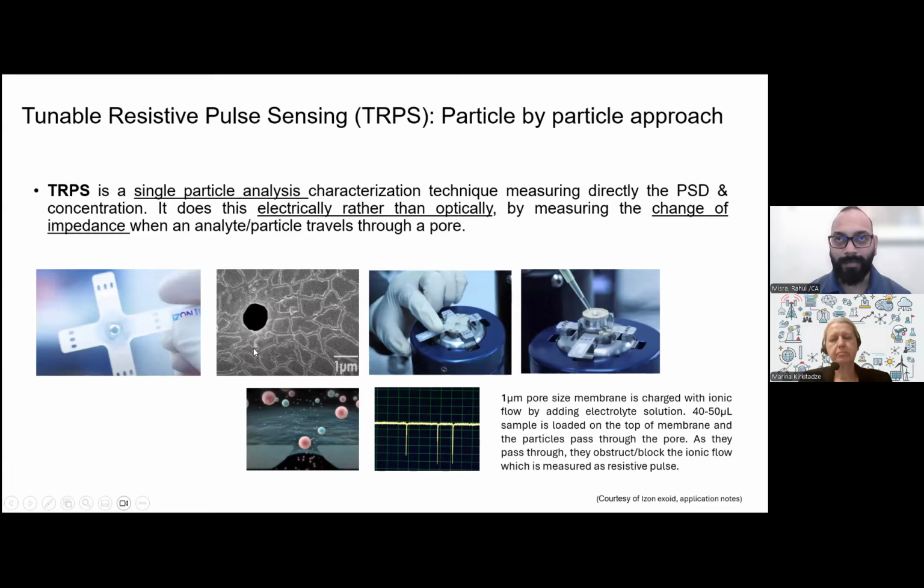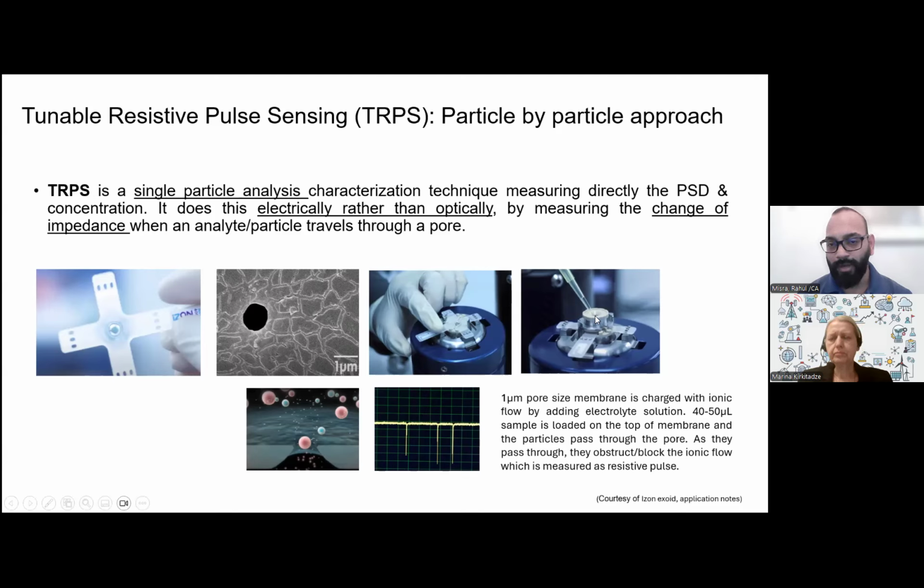This size can be tunable, and that's why the technique is called tunable. When you mount the membrane on a lever, the lever stretches the membrane, so the pore can go narrower or wider. So the pore size can be tuned.